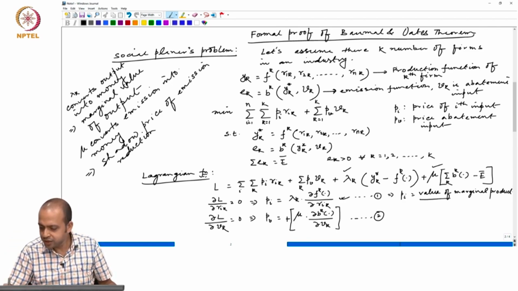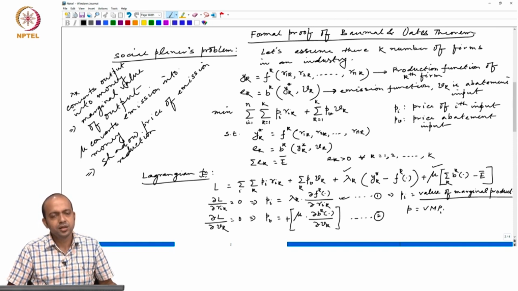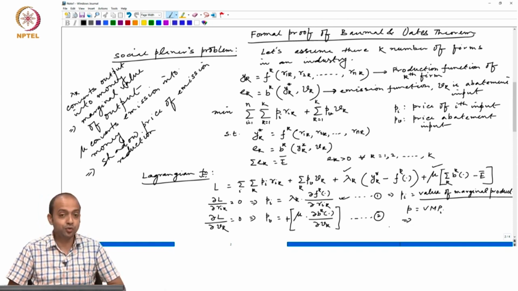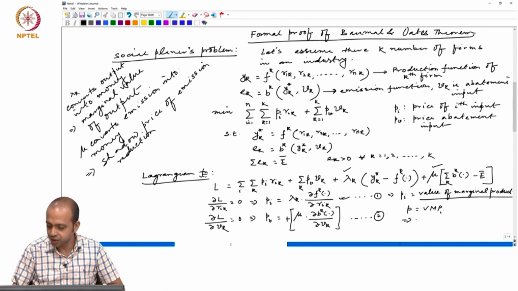Now, if you look at this condition, P equals VMPi, where is this condition satisfied? Price equals the value of the marginal product of the ith input. If you recall, this condition is satisfied when the input market is perfectly competitive.